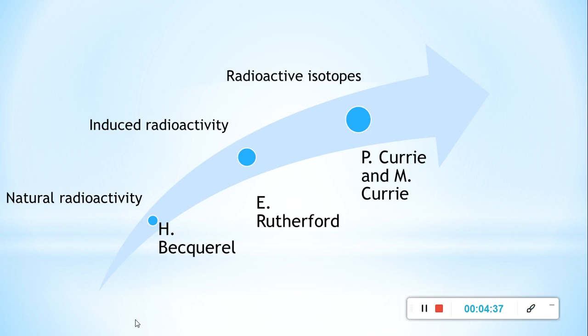Many years later, it was shown that nuclear reactions initiated by bombardment of nuclei with accelerated subatomic particles or other nuclei can also transform one element into another, accompanied by the release of radiation, or induced radioactivity.